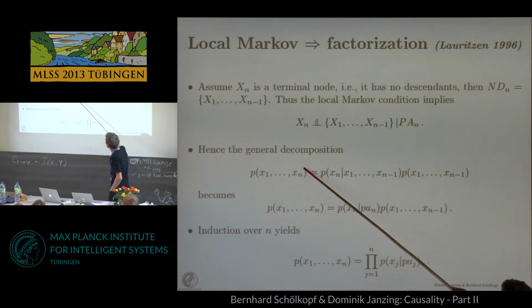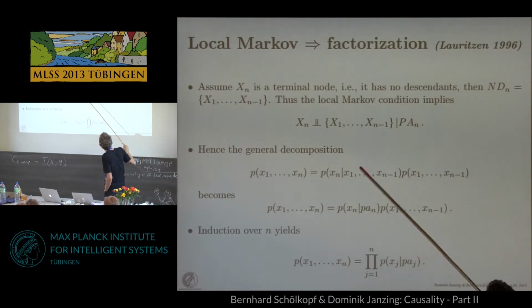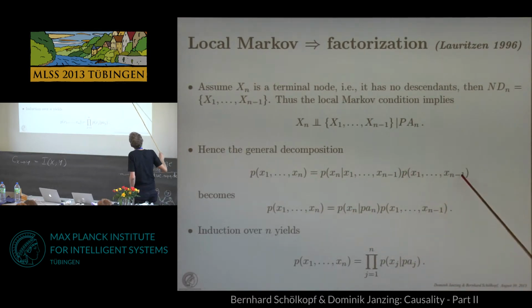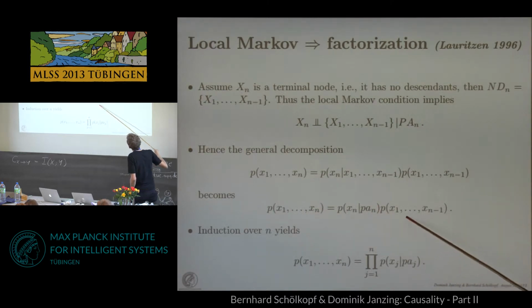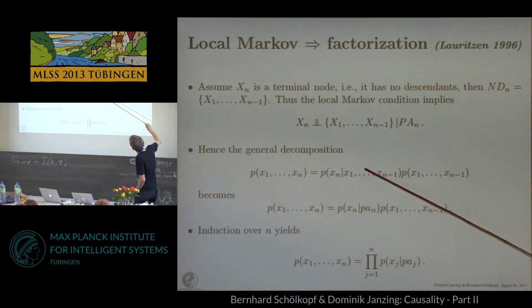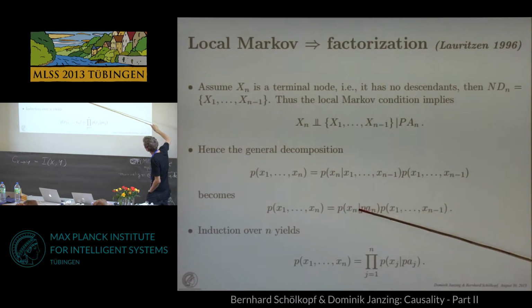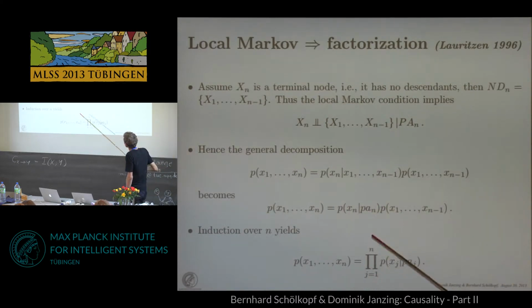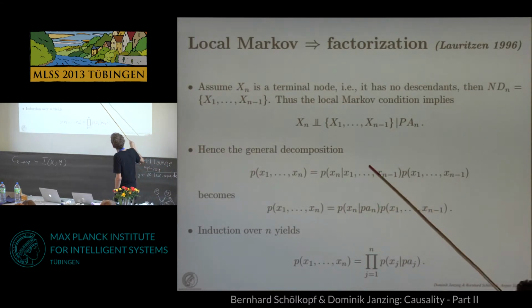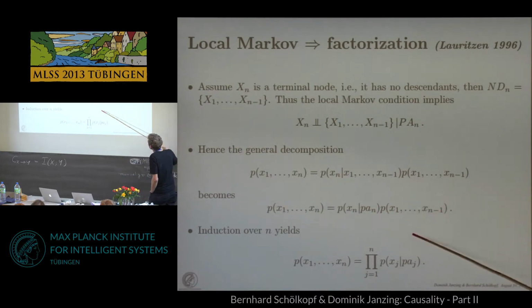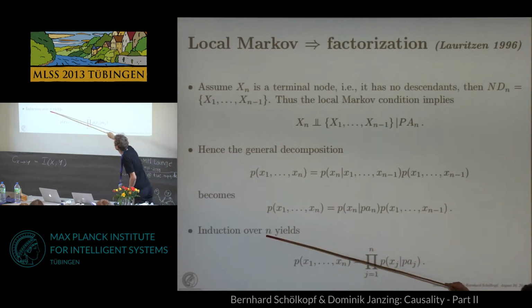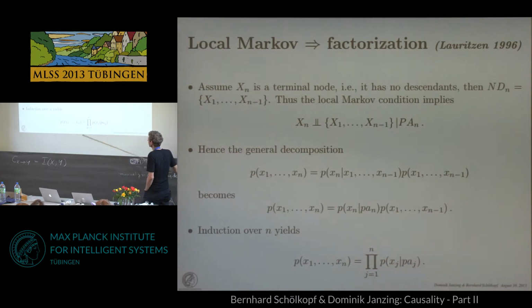Hence, the general decomposition of this joint distribution into the joint distribution of the remaining n-1 variables and this conditional simplifies into this expression, because the replacement of this expression into that one is exactly the definition of conditional independence. And then you have replaced this conditional by a simpler one, and doing this with the other variables. So formally it's an induction over n that yields the desired formula.